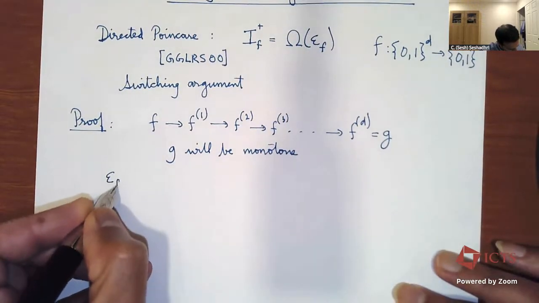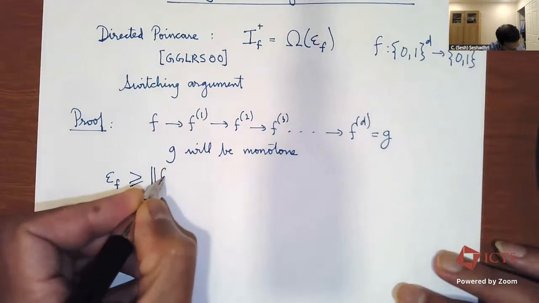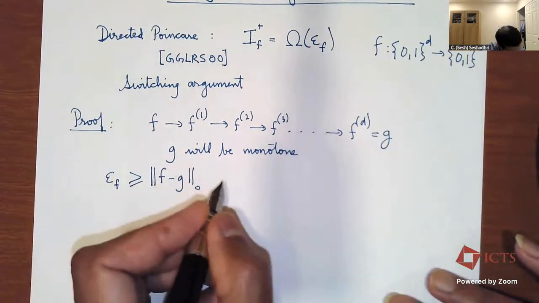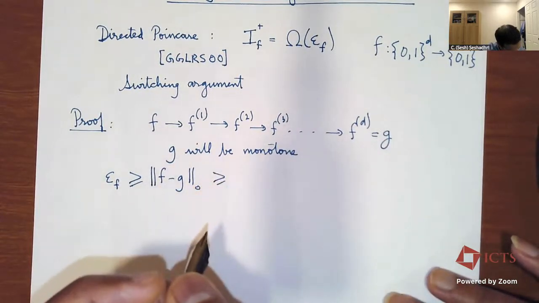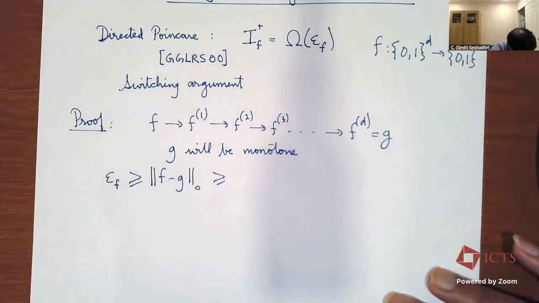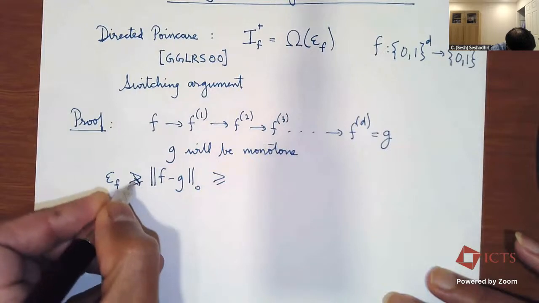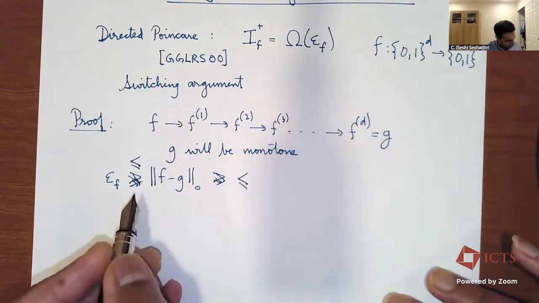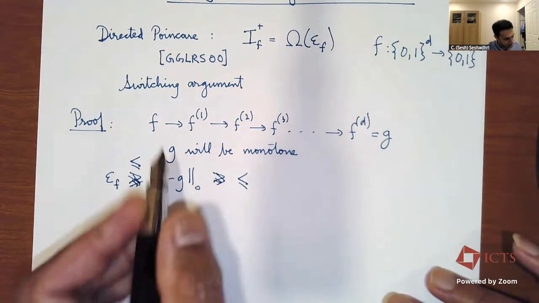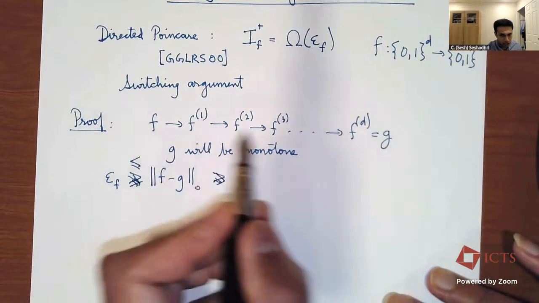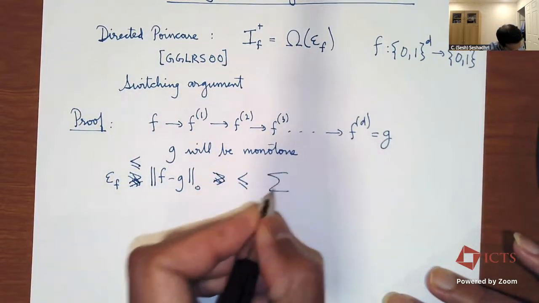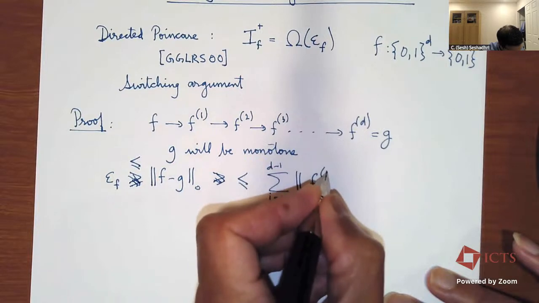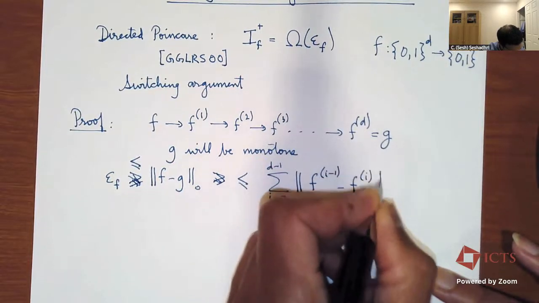And so hence, epsilon f is going to be at least the distance of f and g measured in Hamming, and this by triangle inequality, well, no, I'm doing this the other way around, I'm sorry. I got my inequality the wrong way. So the distance to monotonicity is at least the difference between the function and any monotone function. And by triangle inequality, I can just write this as the sum over i of the distance between f_{i-1} and f_i.